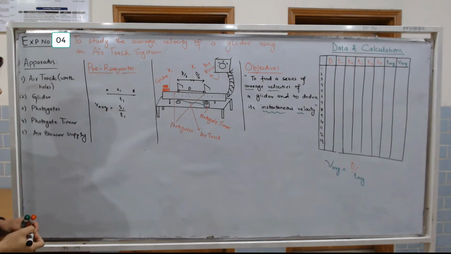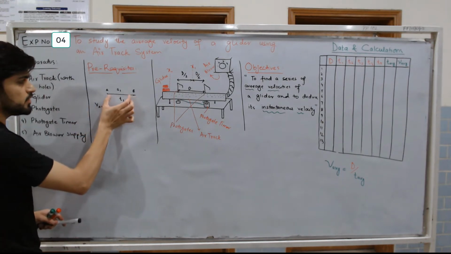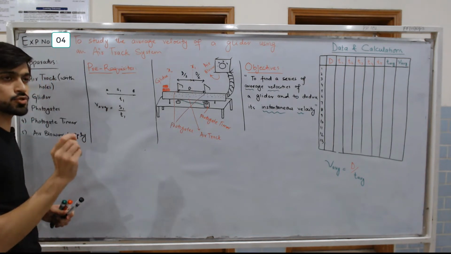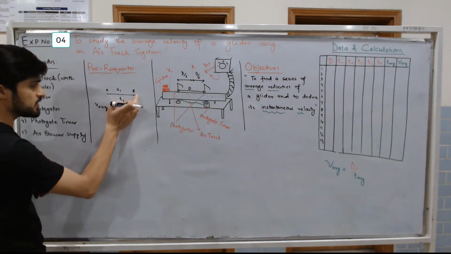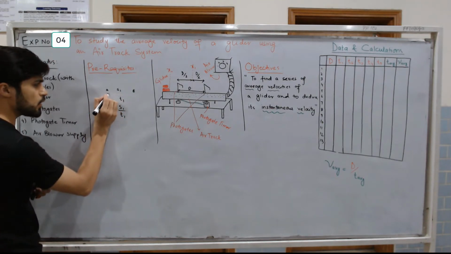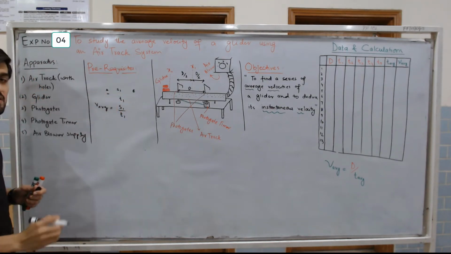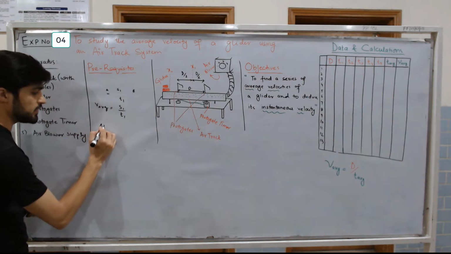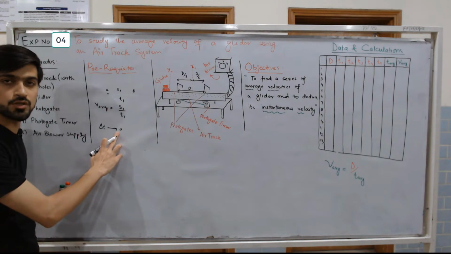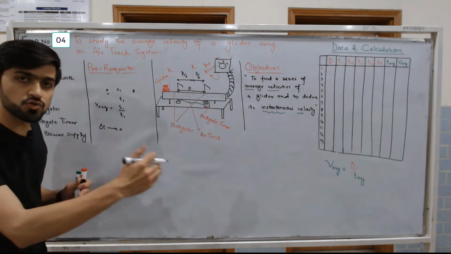Now what will happen if the distance between these 2 points is very small, such that the 2 points are very close to each other, such that the time delta t approaches 0? It means that the time is not 0, but it is very close to 0.